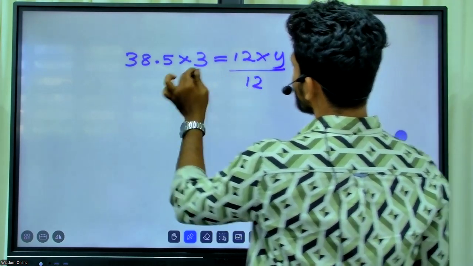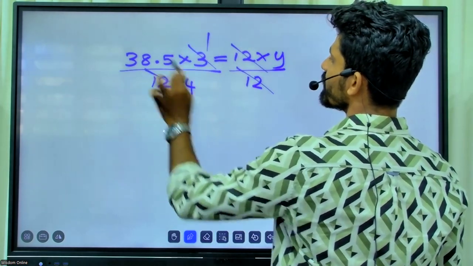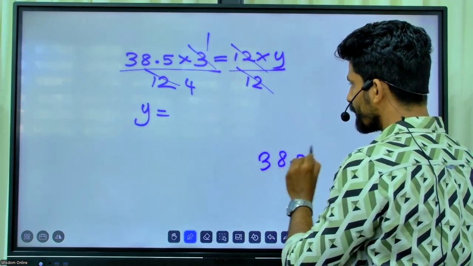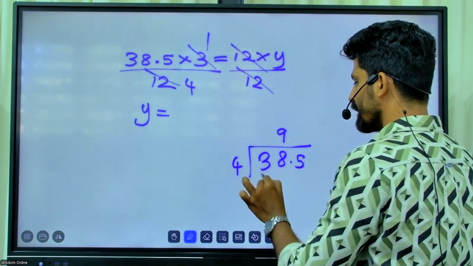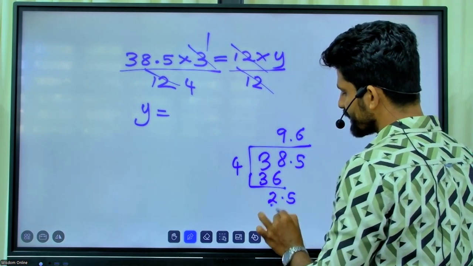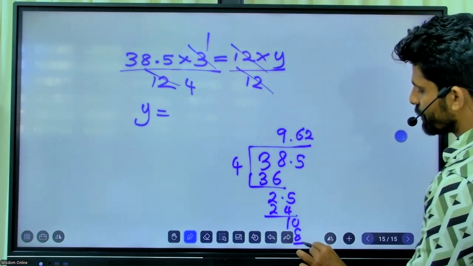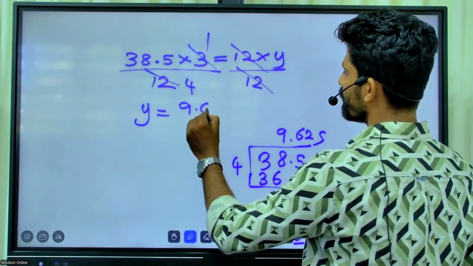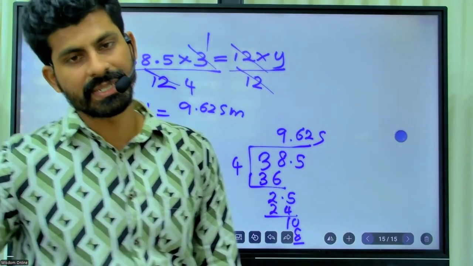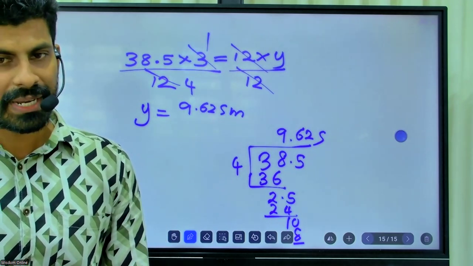Then divide both sides by 12. 12 divided by 12 is 1, and 12 to 4 gives 3 times 38.5 divided by 4 ... 38.5 divided by 4. 9 into 4, 36. 2.5 means 6. 10 means 2. 20 means 5. So that means 9.625 meters.